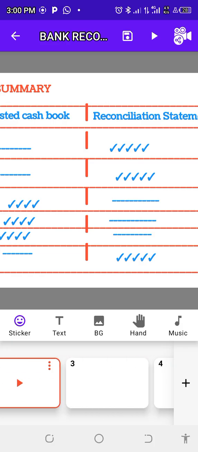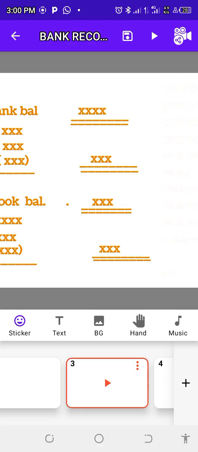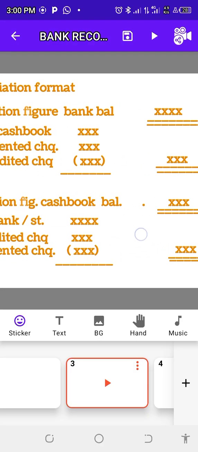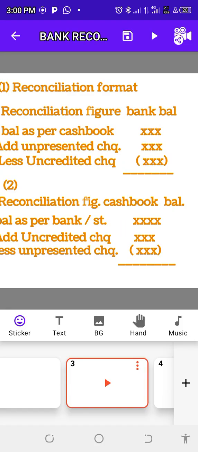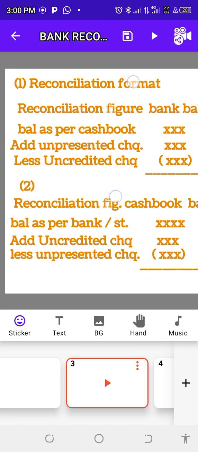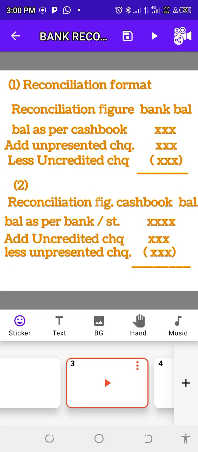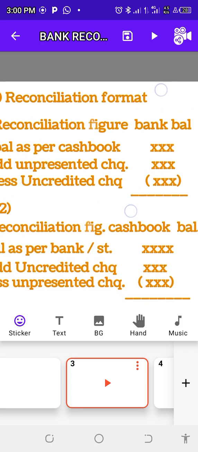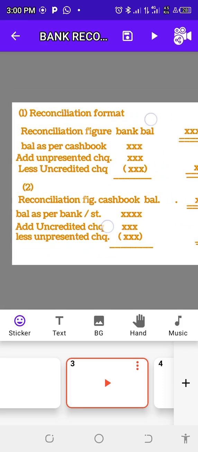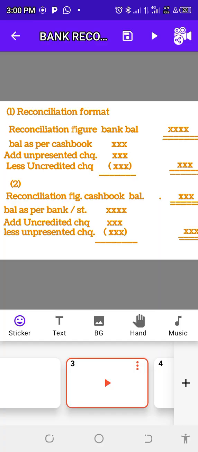Now let us go ahead. Now this is the format of the bank reconciliation. The first stage there is: what are we reconciling? If you can see the screen now, you see the reconciliation figure. You have to bring back what you are reconciling first.